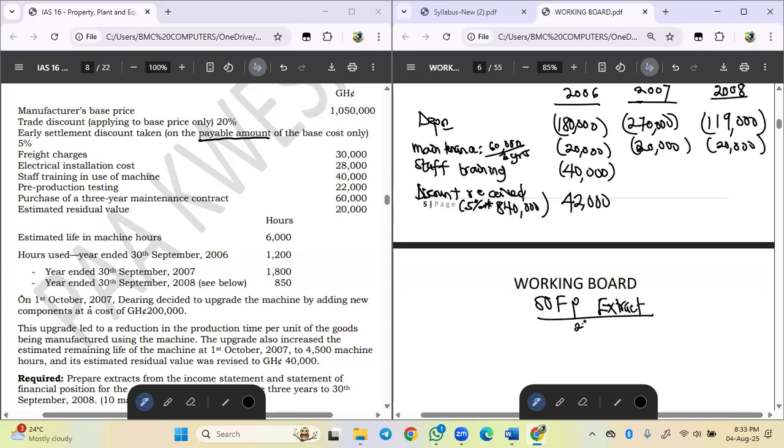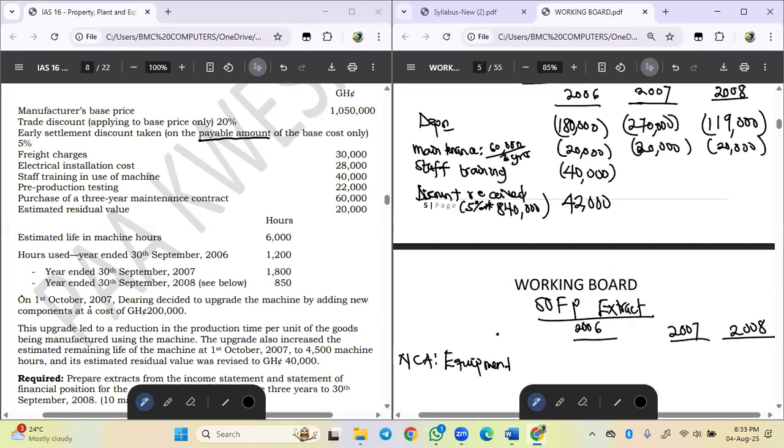There we have 2006, 2007, 2008. Now let's record just the carrying amount, because we want to move very fast. The non-current asset was equipment, or let's name it equipment or machine.